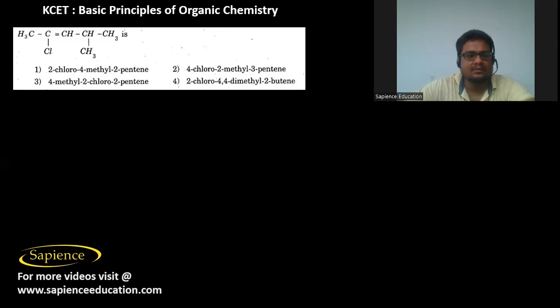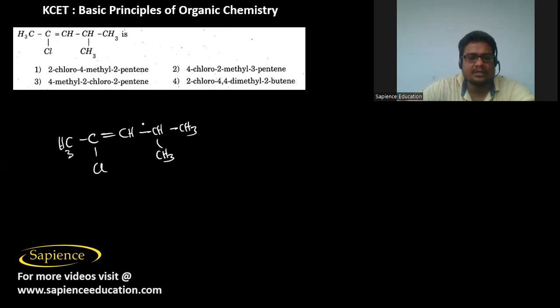Then it is told to find the name of this carbon compound. So it is CH3, double bond, CH, and this is CH3 and here Cl. Here we can start numbering from the left end, 1, 2, 3, 4, 5.